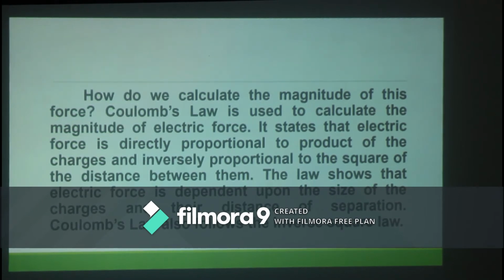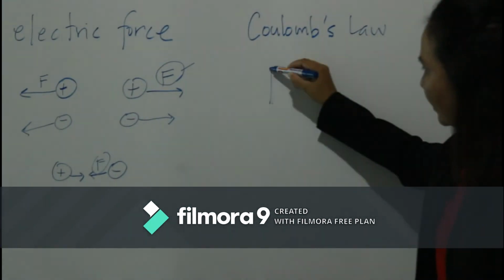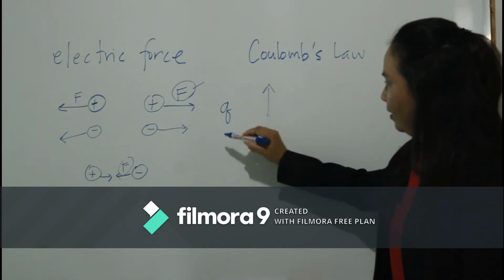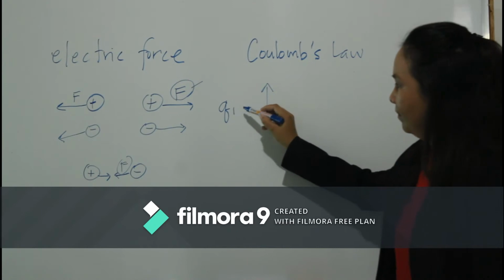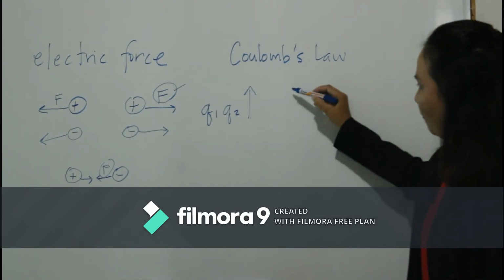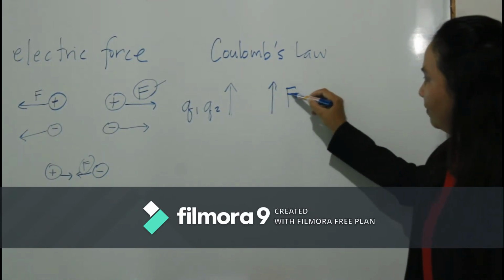So going back to our picture analysis number 1, you've seen that as the size or magnitude of the charges increases, say for instance, the size or magnitude of charge number 1 and charge number 2, the force between them also increases.